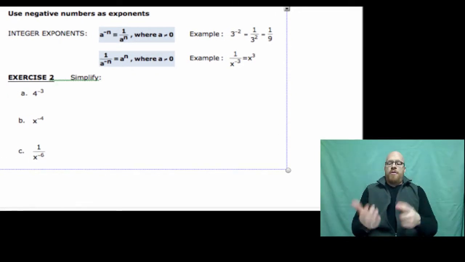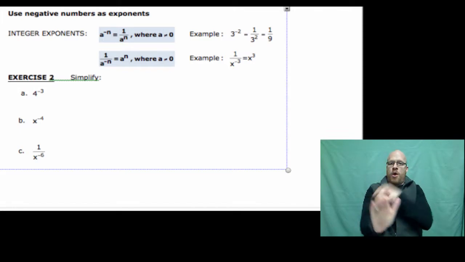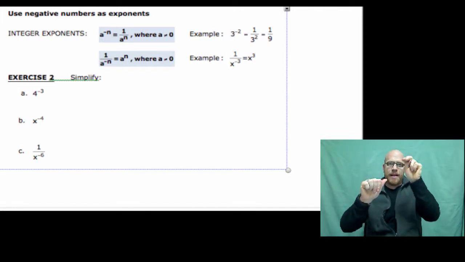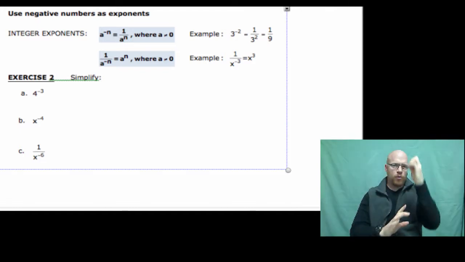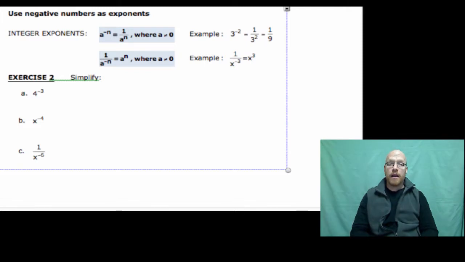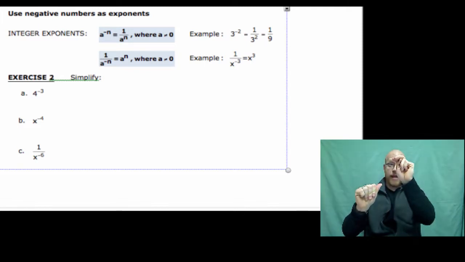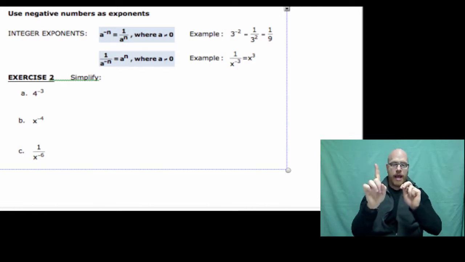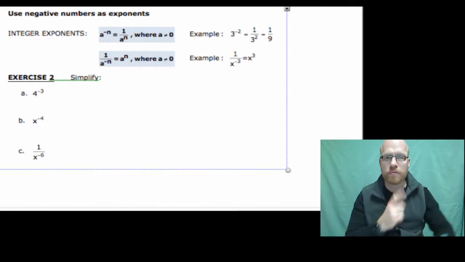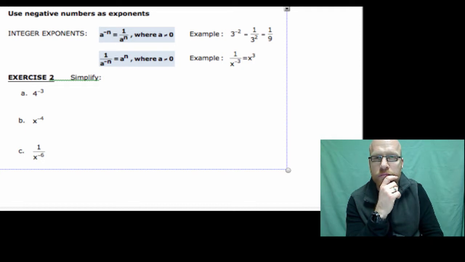Okay, here we go. Now we're going to talk about if we were to have a negative exponent, a raised to the negative n. We're not allowed to have negative exponents. We can't leave answers in negative exponent form. What we have to do, if we have a to the negative n, is move it from the numerator to the denominator and it becomes positive.